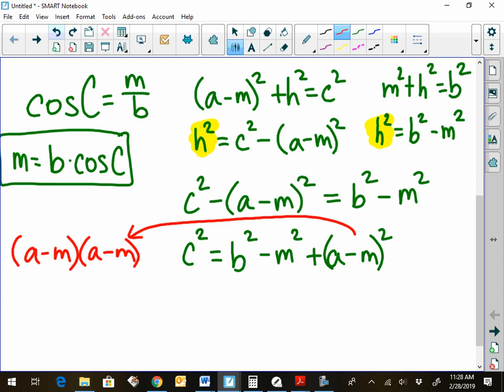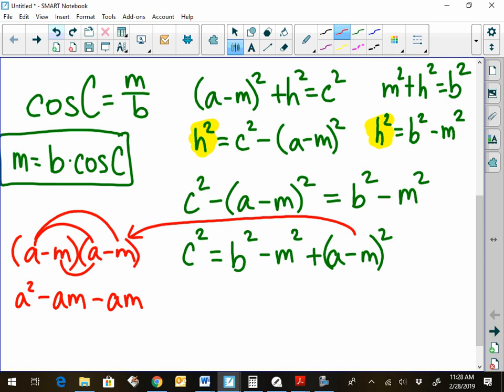So we're going to distribute this out. a times a, we get a², minus am, minus ma, and I can switch those around and say minus am, because alphabetical order seems to be a better way to go.